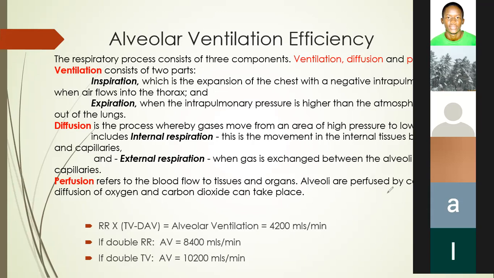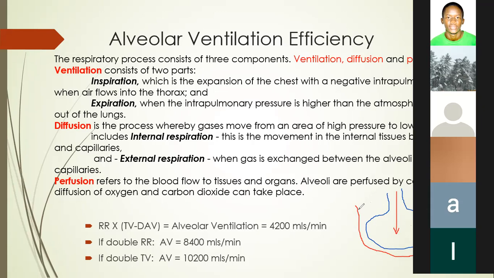And from here, if I can just draw roughly an alveolus, and then I have a capillary coming here. So you inhale, and when you inhale, blood is moving from one direction to the other. It will start exchanging at this point.